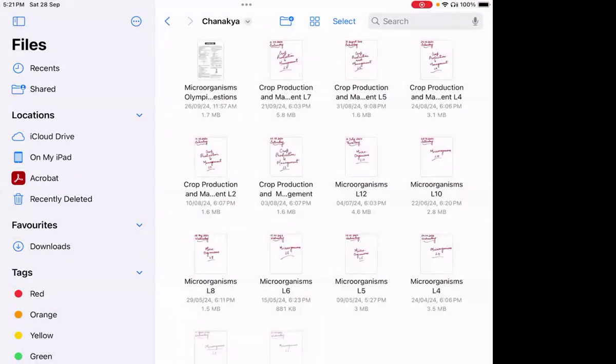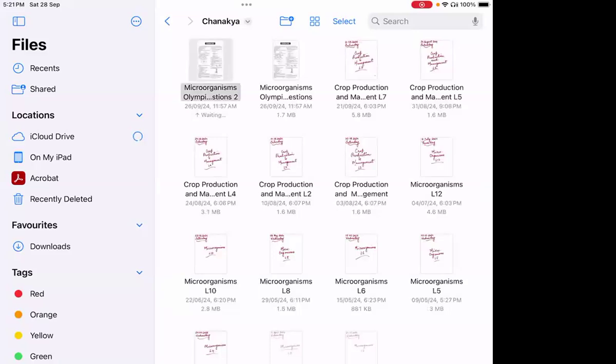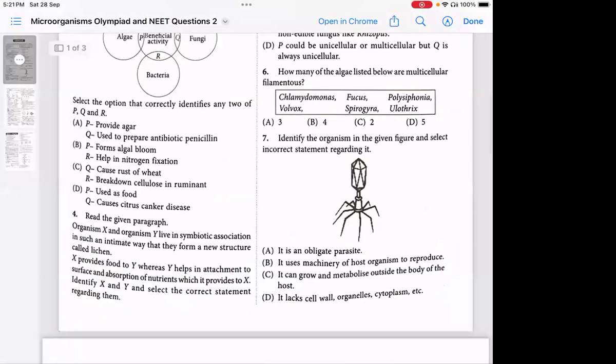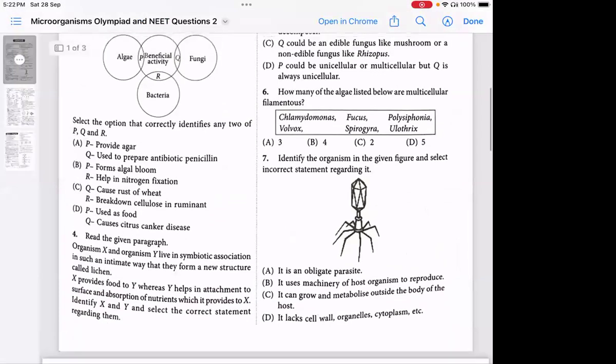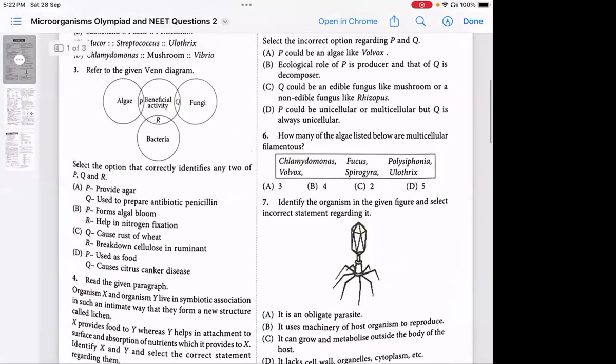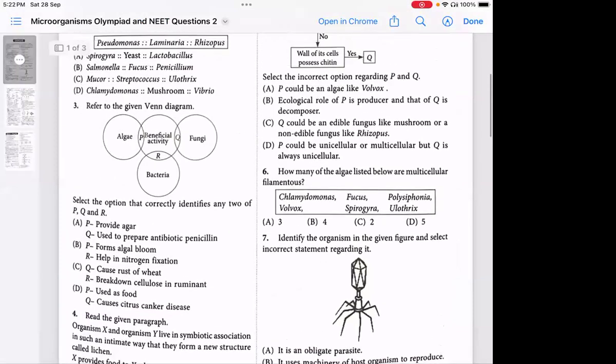Okay. So this was question number 4. In question number 4, it says to read the given paragraph. On the basis of the paragraph, they have given 4 statements, and from those 4 statements, we have to find what is correct for Y. I'll read the question for you.